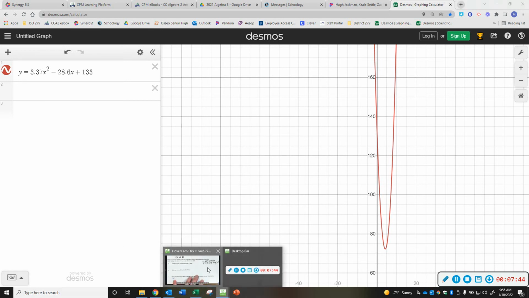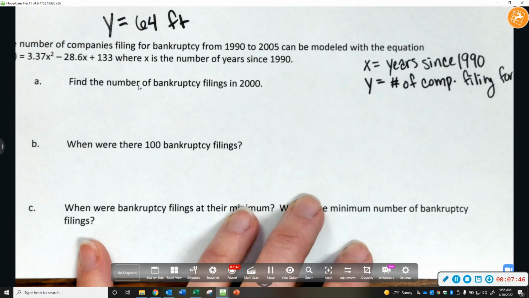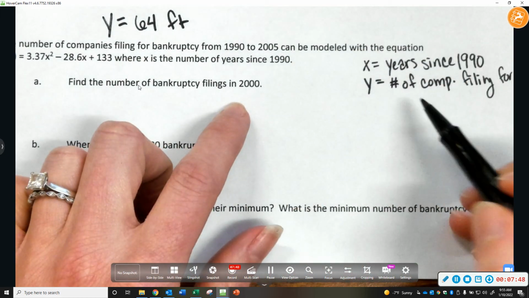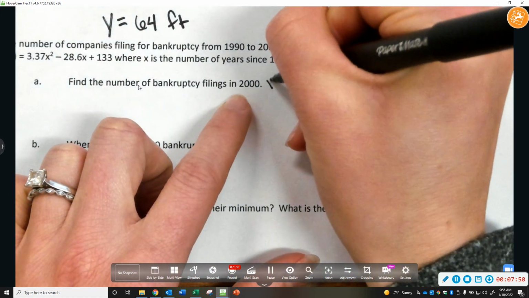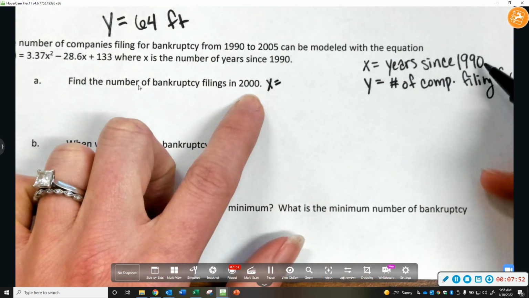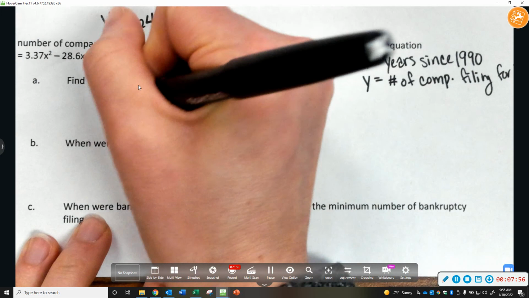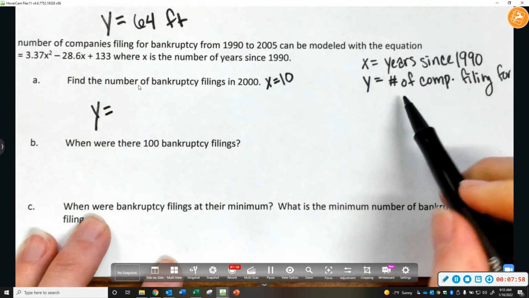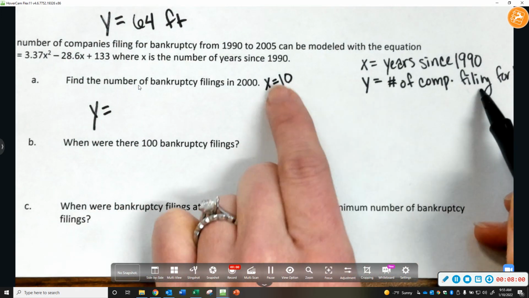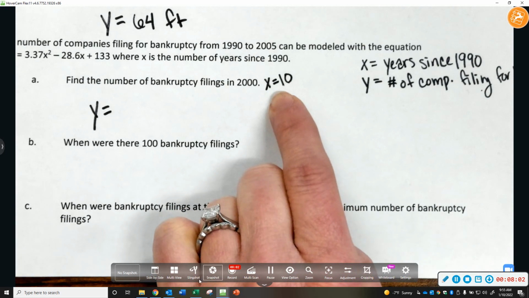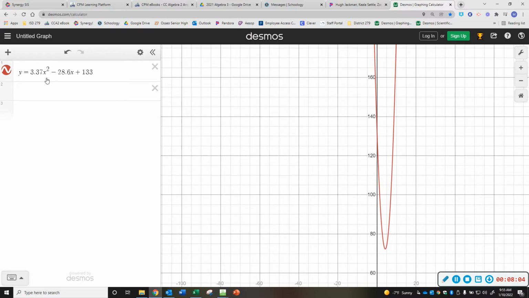So number of bankruptcies in 2000, that means that I know my years since 1990. Well, that would be 10. So I need to find the number of filings, which is my y, when x is 10. So I go to my equation.